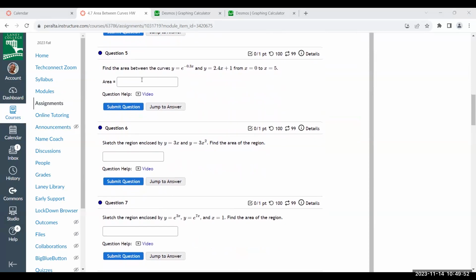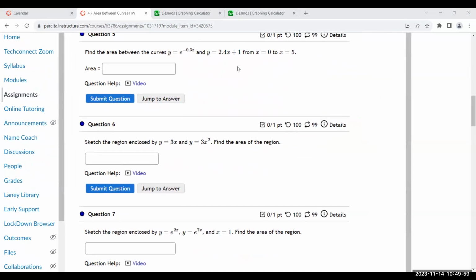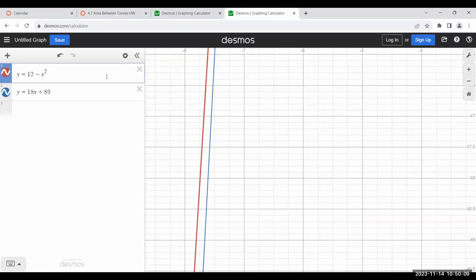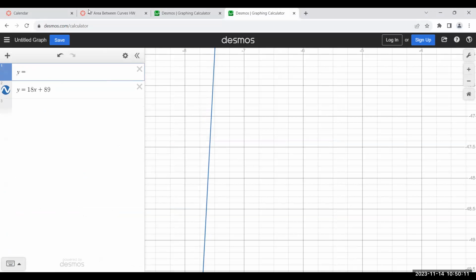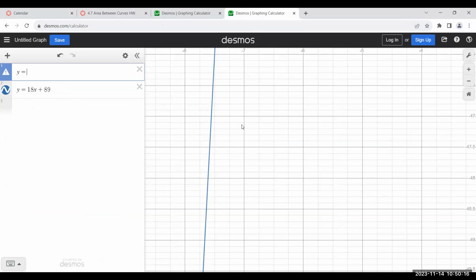Number 5 seems to have a lot going on. Let's look at this one. So this one, number 5, says find the area between the curves y equals e raised to the power of -0.3x and y equals 2.4x plus 1 from x equals 0 to x equals 5. So what was the first function? y equals e raised to the power of -0.3x.